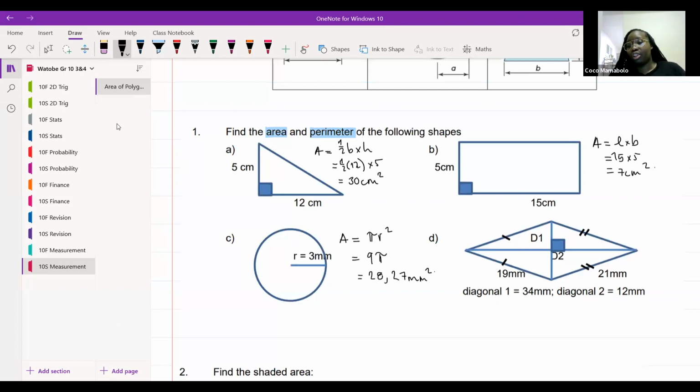And over here, remember the area of a kite is diagonal 1, which is 34 millimeters, times diagonal 2, which is 12 millimeters. We're going to divide those two by 2. Divided by 2 should give us 204 millimeters.